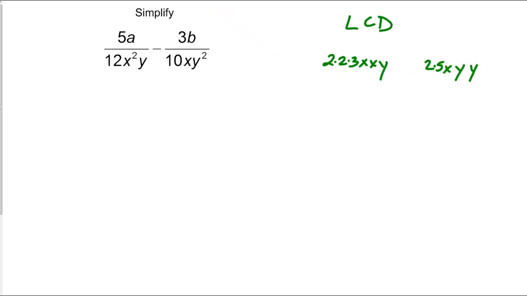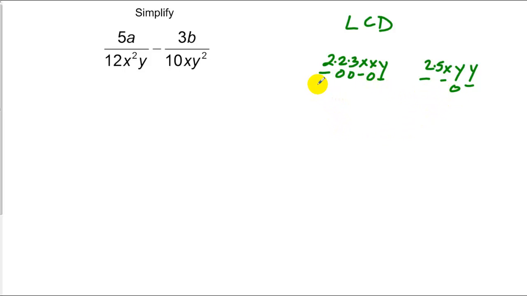So let's see what's common in this case. We've got 2's matching up. That's about it with the numbers, so I'm going to need a 2 and a 3. And then the variables, I have an x in common and a y in common. So in this case, I'll need a remaining x and a remaining y.